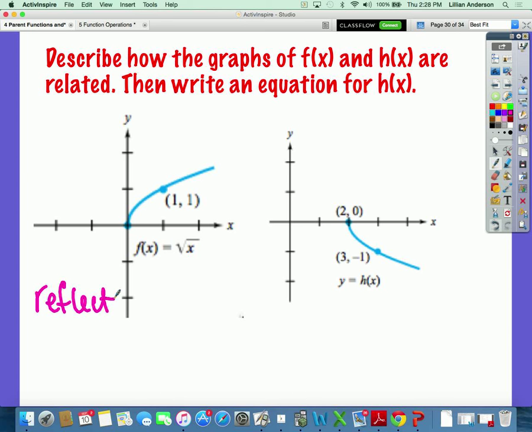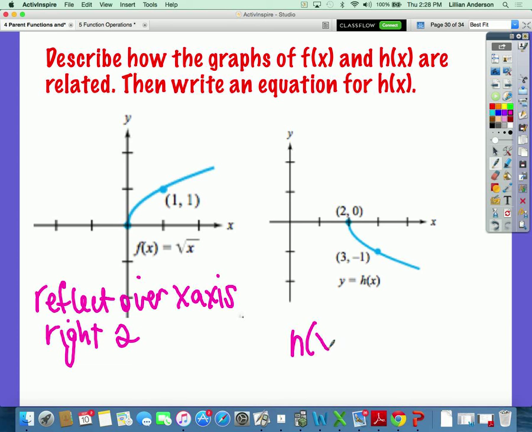So a reflection over the x. And there's one more. And it moved to the right 2 units. I have to represent that as a function. Unless you want to do it. It's a square root.